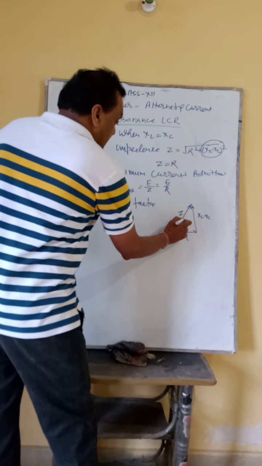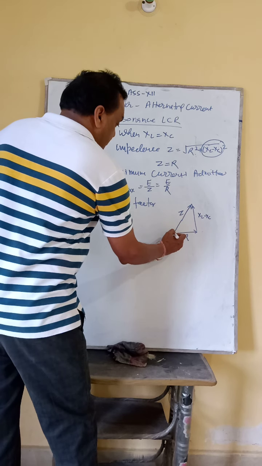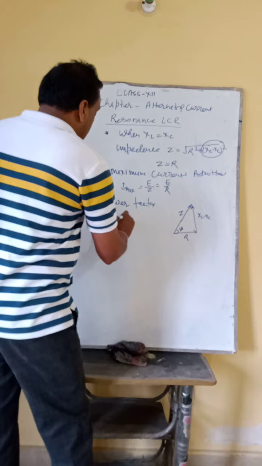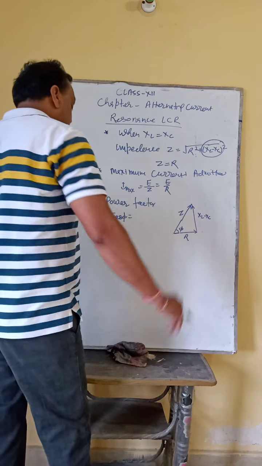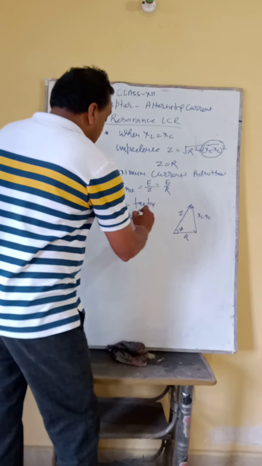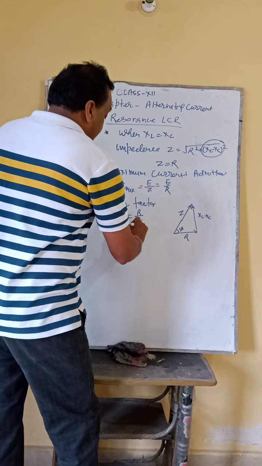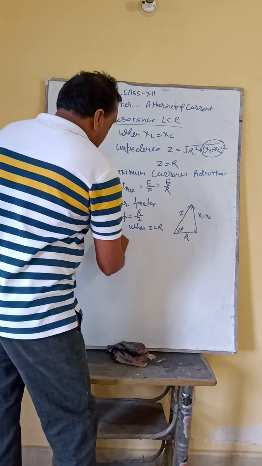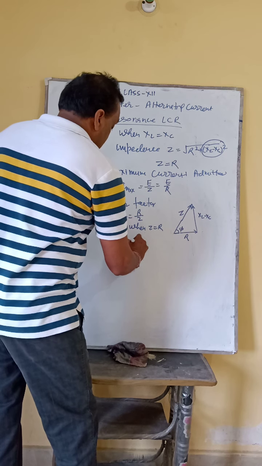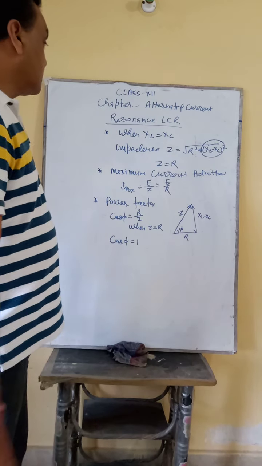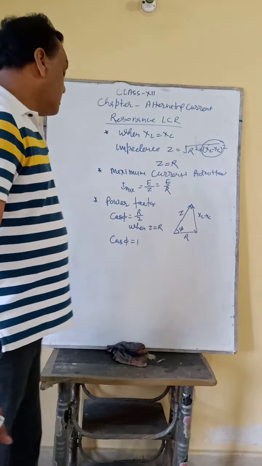Suppose this is phi. The power factor is called cos phi. So cos phi is equal to base upon hypotenuse, R by Z, and in case of resonance Z and R are equal, which means cos phi will be unity, 1. So these are the conditions of resonance.